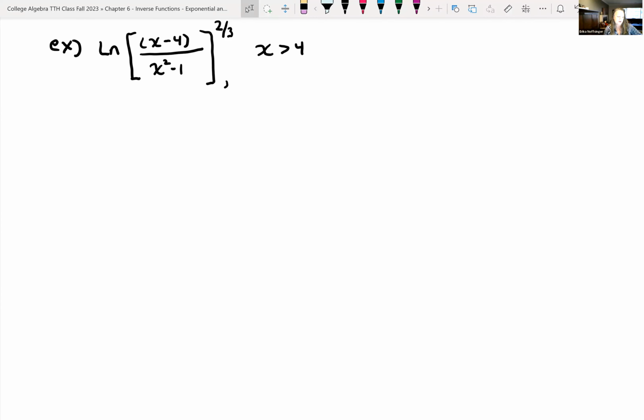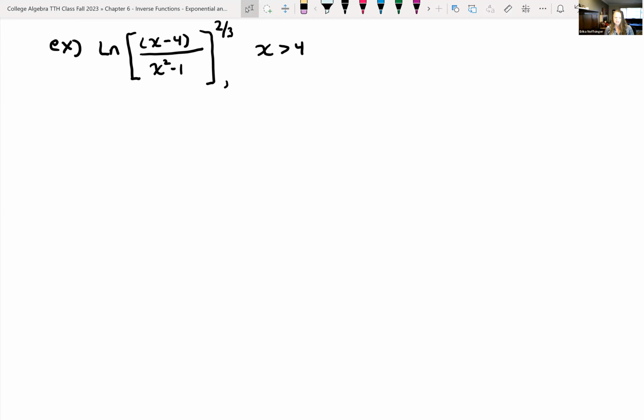So our next problem, we want to expand this as a sum and difference of logs, no exponents. We want to rewrite those as coefficients. And here we have the natural log. Our argument is x minus 4, that quantity is all over x squared minus 1, and then that fraction is all raised to the 2/3 power.